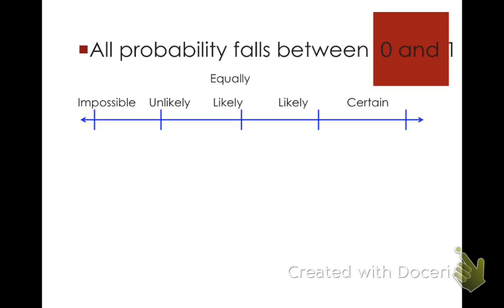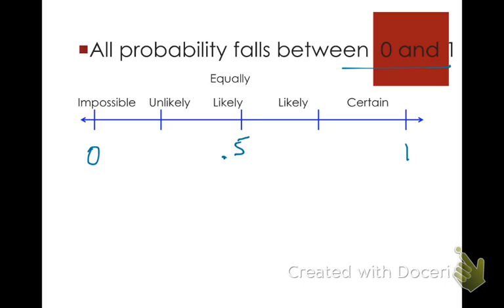When you talk about probability as a ratio or decimal, the probability will fall between 0 and 1. It could be 0 and 1 too. If the probability of something that occurs is 0, that means it's impossible. If it's a 1, that means it's 100% certain that it will happen. And then we can just go in between.